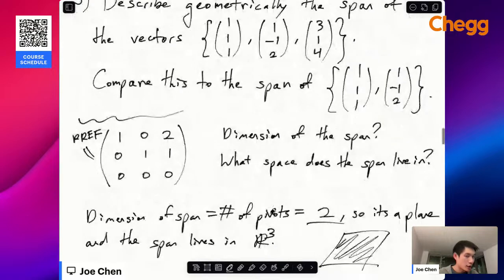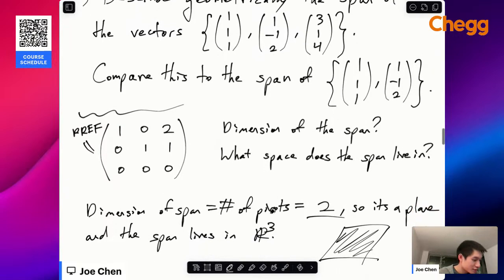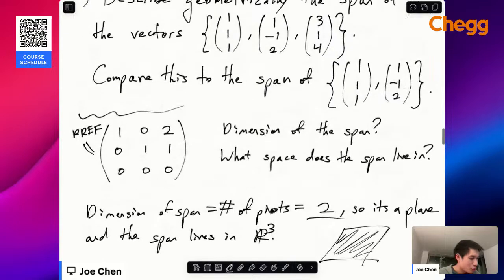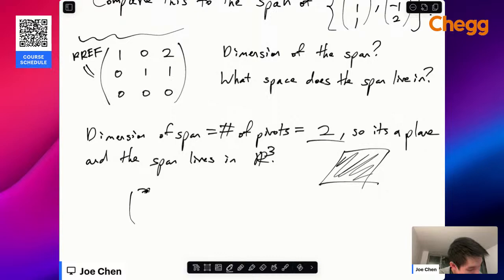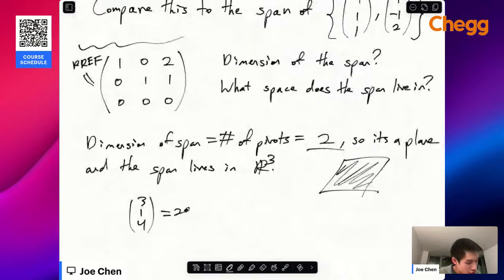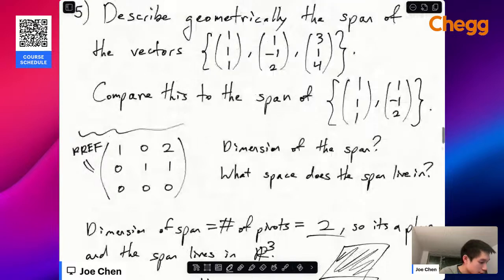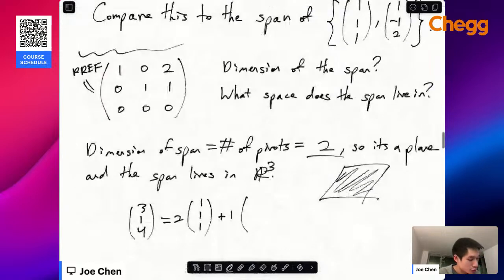You can check that too. Well, anyways, you can actually see that the vector (3, 1, 4) is equal to twice the first vector, I believe, plus one copy of the second vector. 1 minus 1, 2.